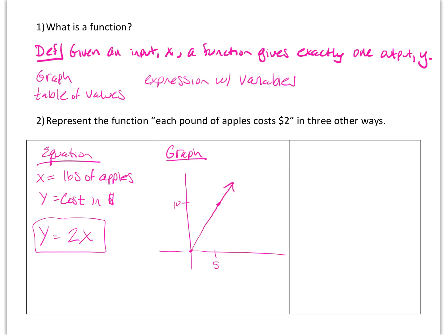Or we could make a table of values for x and y. We know that 0 pounds of apples cost $0, 1 pound costs $2, 2 pounds, $4, 5 pounds, $10, etc.